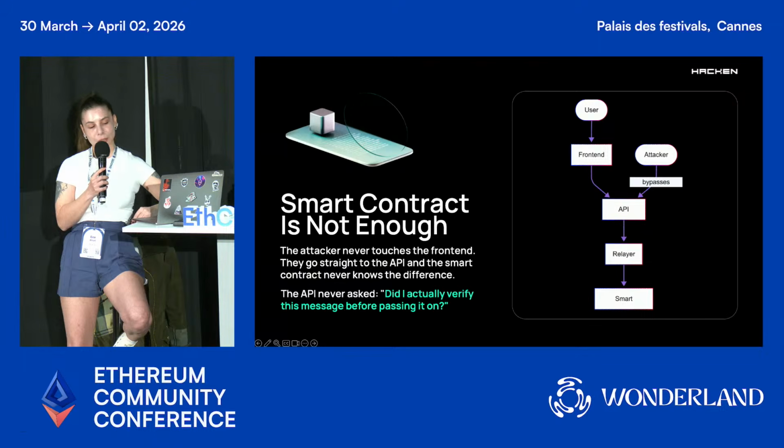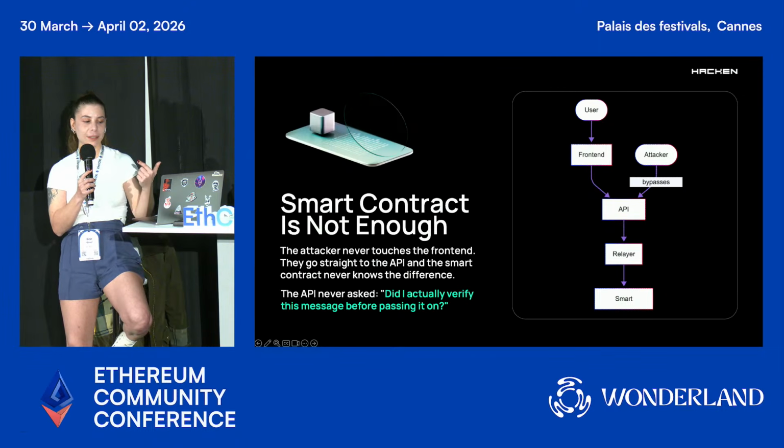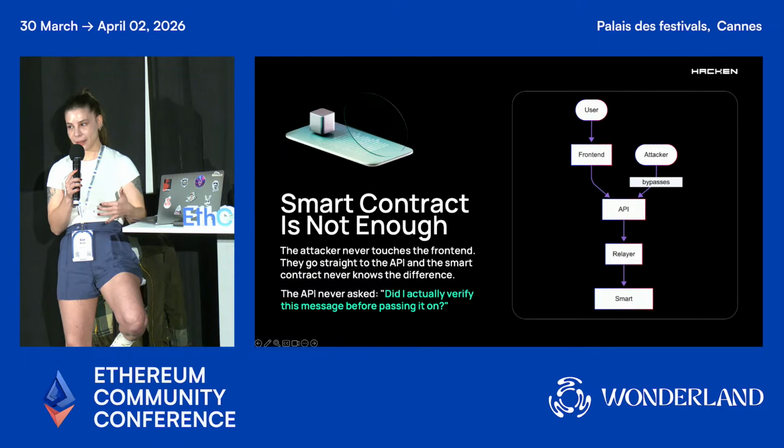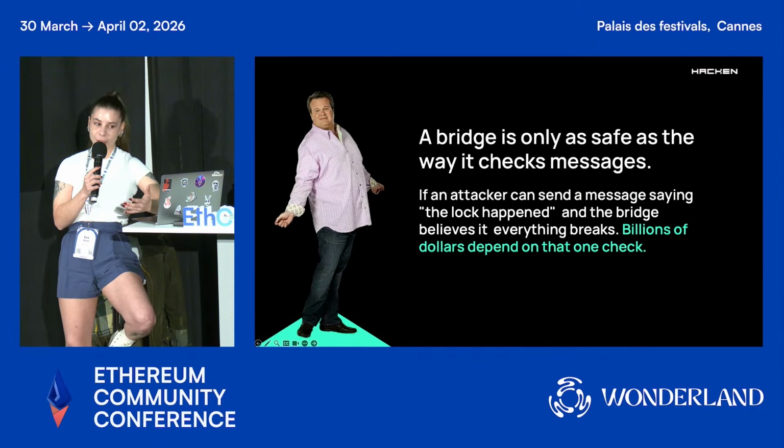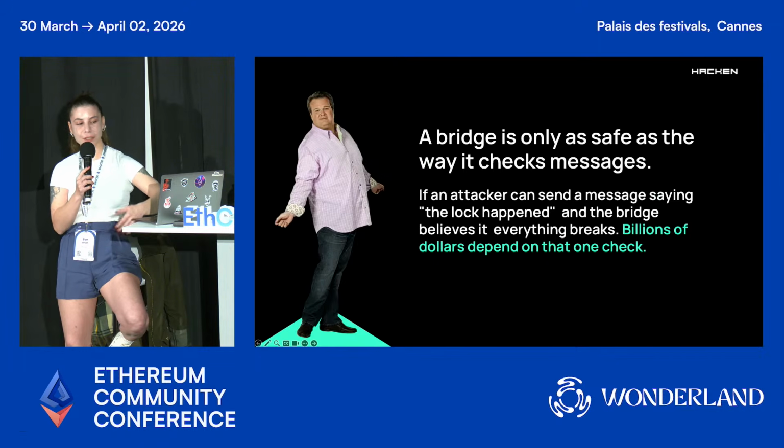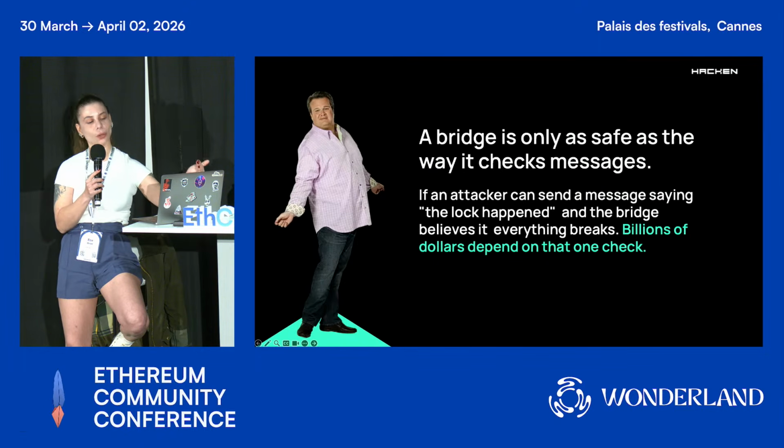So the main problem is that there is no defense-in-depth mechanism. Every layer needs its own control. The smart contract doing its job doesn't mean that the API layer is doing its job. So Web 2.5 is just additional attack surface, so you can bypass the on-chain layer.